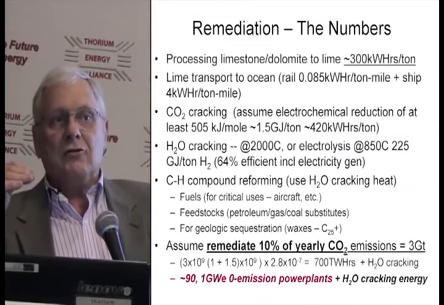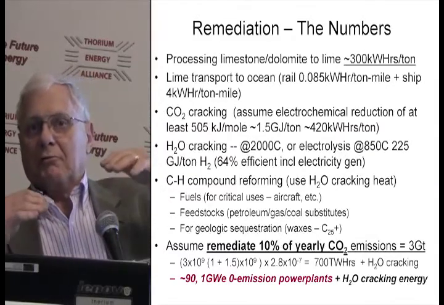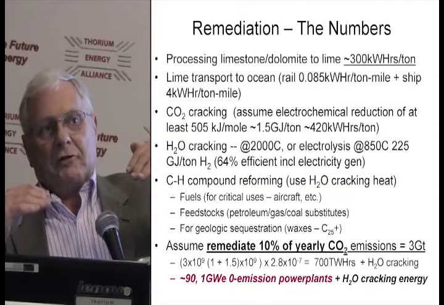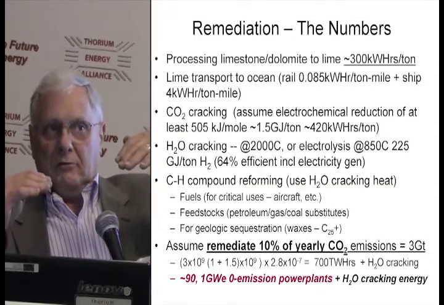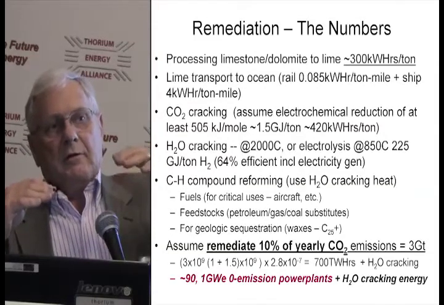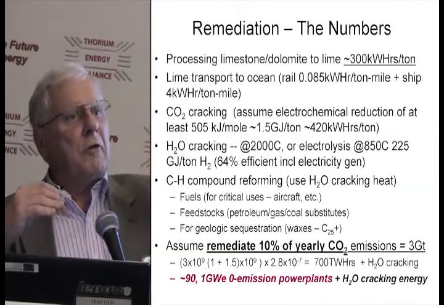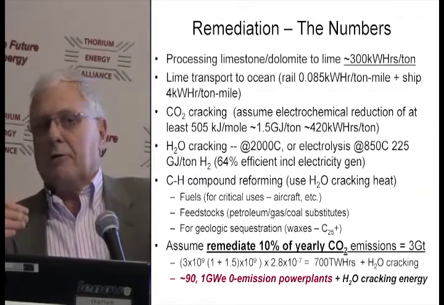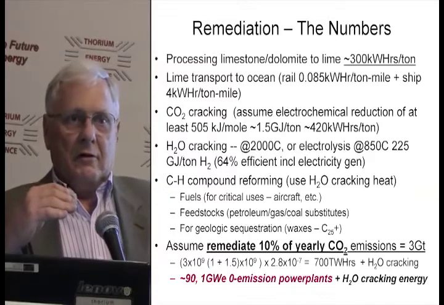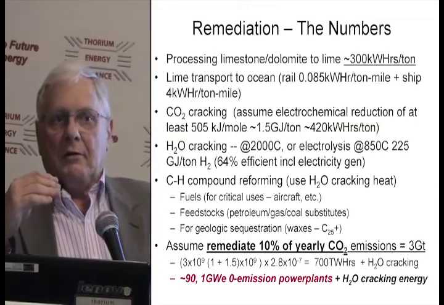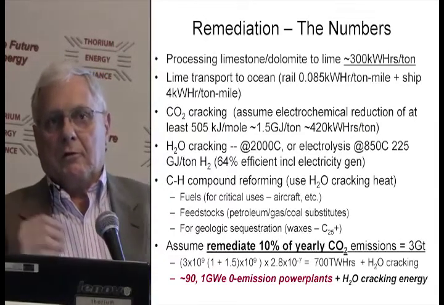So if we want to actually reverse the decline of pH in the oceans rather than just hopefully stop it, then we would have to have much more clean power to run these sequestration, these limestone and lime producing systems.